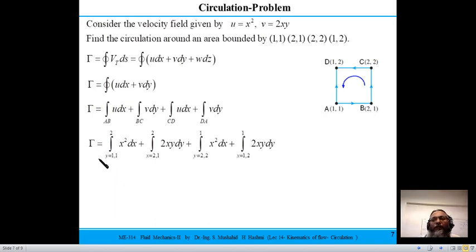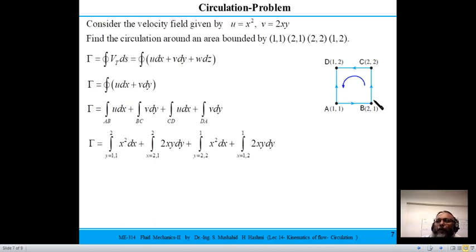So y is always 1, y is not changing. Only thing that is changing is x, which changes from 1 to 2, and since x is the integration variable, x changes from 1 to 2. So this is how I have to put it, and the velocity component is x squared.